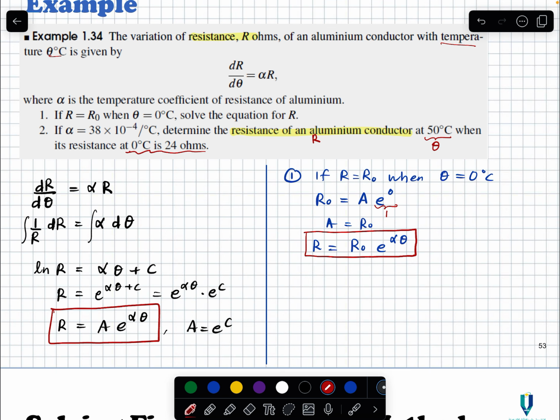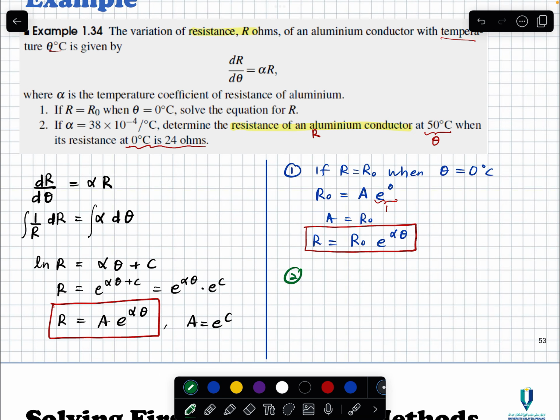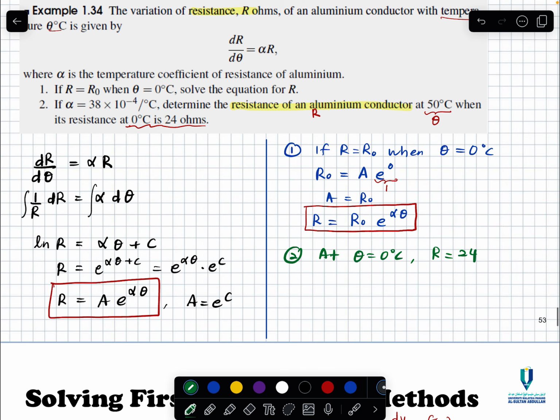So we want to apply this info. At theta equal to 0 degrees Celsius, it is stated that R is 24. So what can we obtain from here? Let's substitute into the current formula.